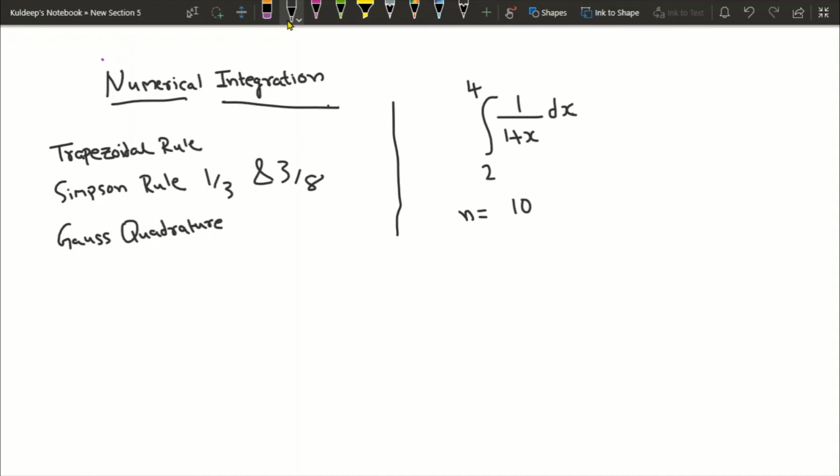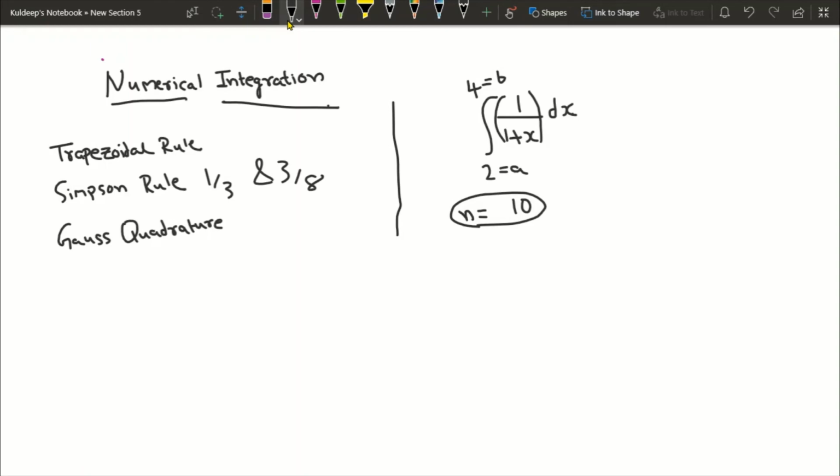Once I have the lower limit a, the upper limit b, the function f of x, and the number of intervals n, these are the four things: a, b, f of x, and n.